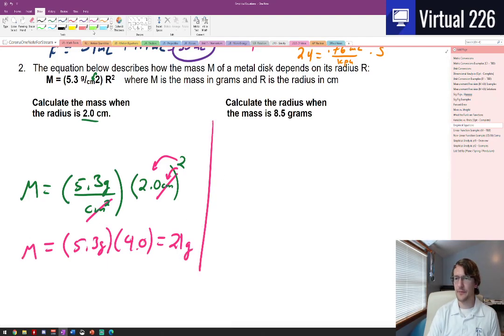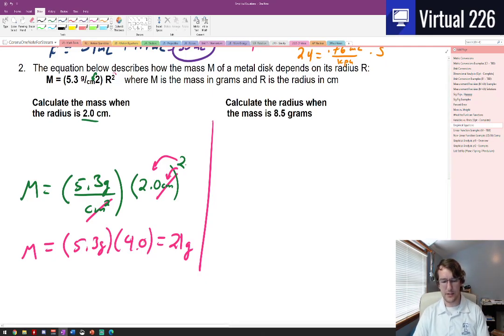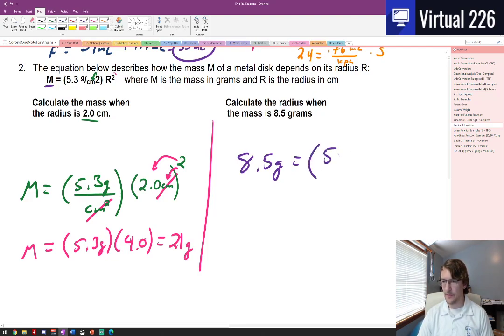For the other one, we're calculating the radius here, which we have to be careful about because that's squared. So if I wanted to calculate the radius here, and our mass is 8.5, so that m is going to be 8.5. This is going to be 8.5 grams equals 5.3 grams per centimeter squared times radius squared.